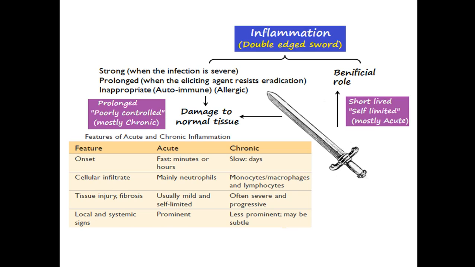By allergy or hypersensitivity, we mean that there are so many allergens and antigens present, but normal people do not develop an abnormal inflammatory response to them. For example, in asthmatic patients, certain individuals are genetically susceptible.